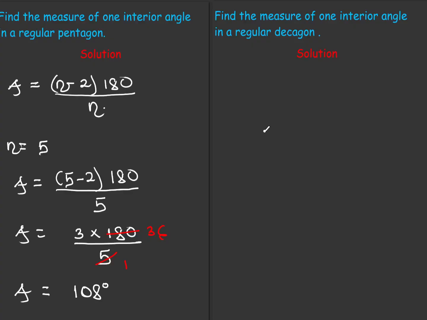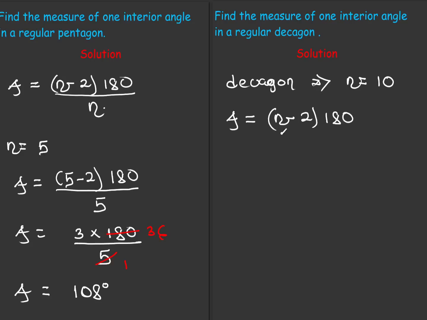In a regular decagon. So you should know that when you are talking of a decagon, it implies the number of sides is equal to 10. So if the number of sides is equal to 10, then the interior angle, which is given by the formula n minus 2 times your 180 all over your n.